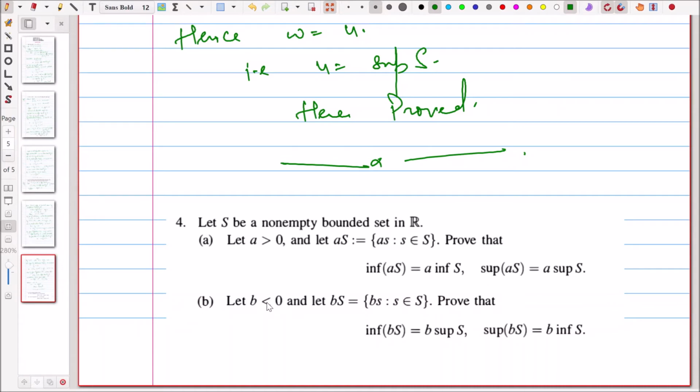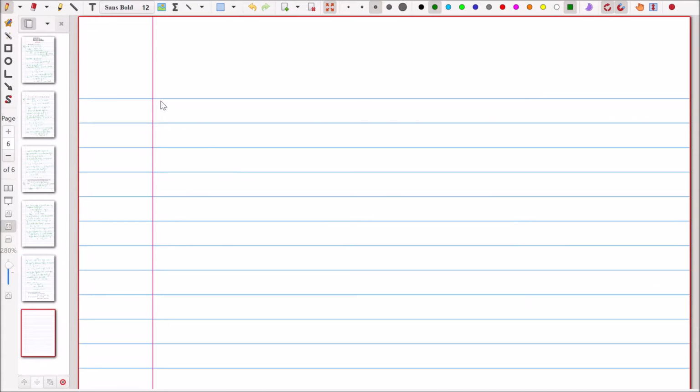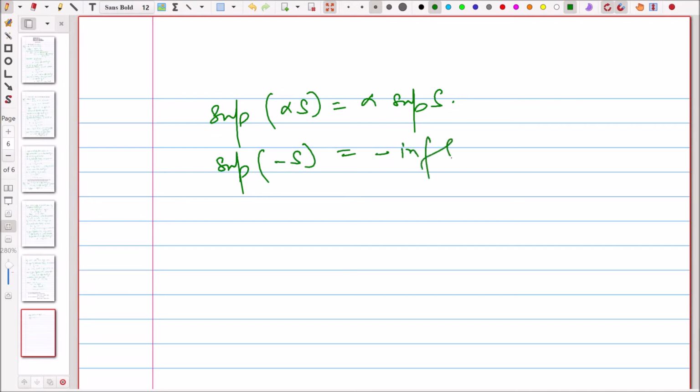Provided A is positive, we can take this A outside. But if we take a negative number, then the infimum becomes supremum and the supremum becomes infimum. To put it in simpler words, the supremum of a positive number alpha times S is alpha times the supremum of S. But if you have a negative number, then it becomes the infimum of S. Whenever you take minus outside, the inequality changes.